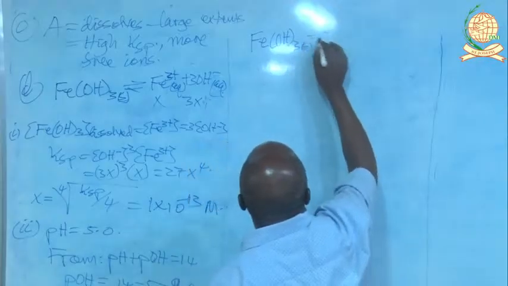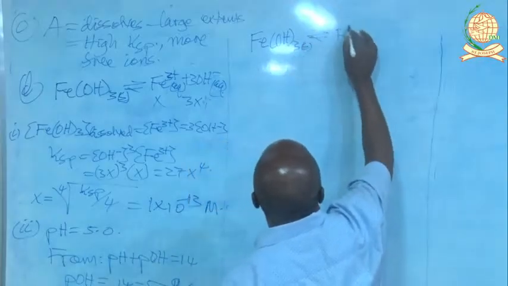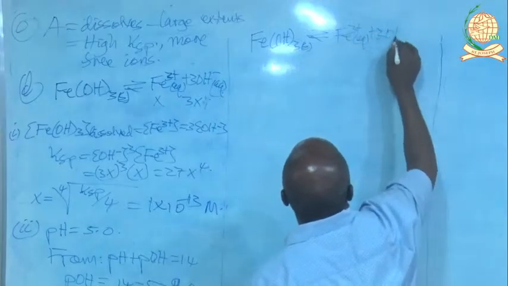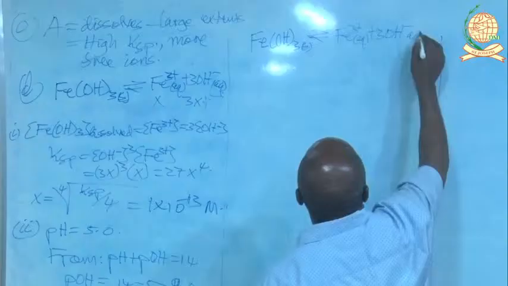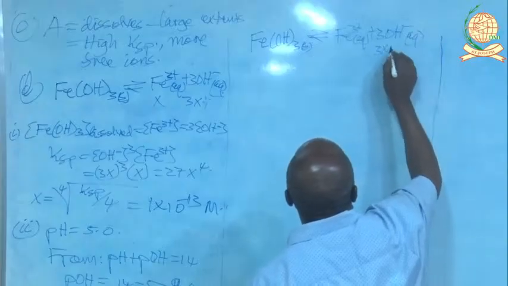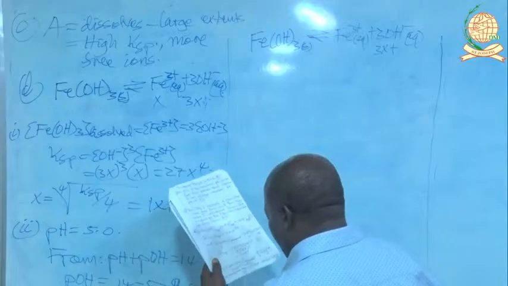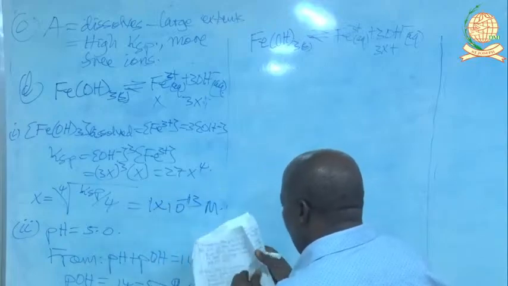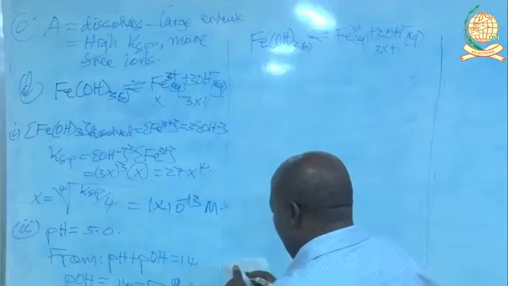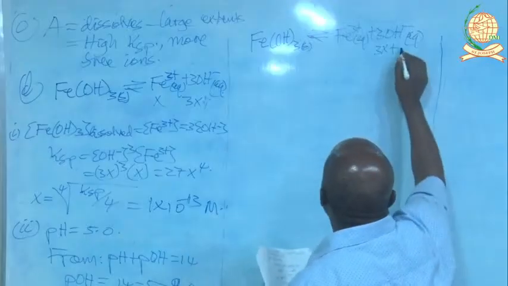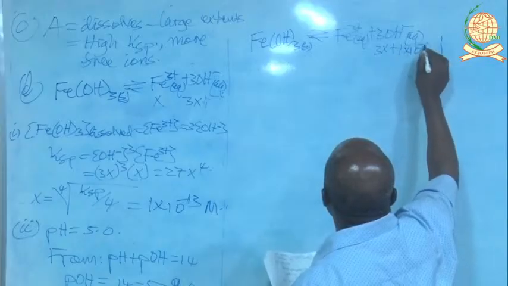The solid forms equilibrium, Fe3+ aqueous, plus 3 hydroxide aqueous. Here is 3x plus, then when you calculate the concentration, you will get 1 times 10 power negative 9.